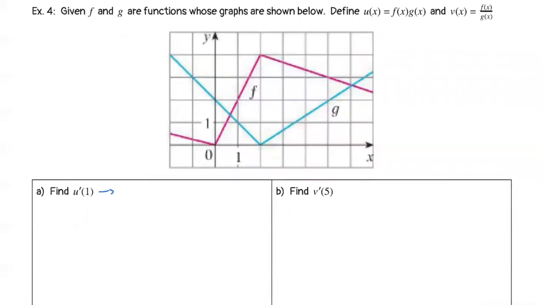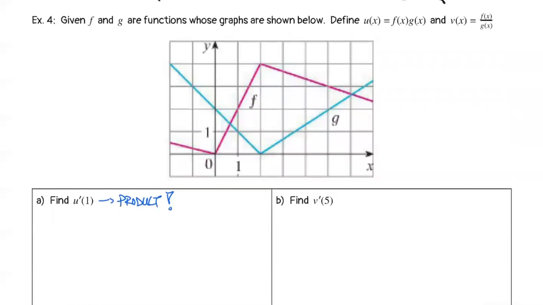And so we can come here and say, yes, I know I'm going to use the product rule and note that for ourselves. And while we're annotating, what could we say the rule is that we're going to need for part B? Exactly, because we've got f divided by g. All right, so being able to identify that rule right off the bat is super important.